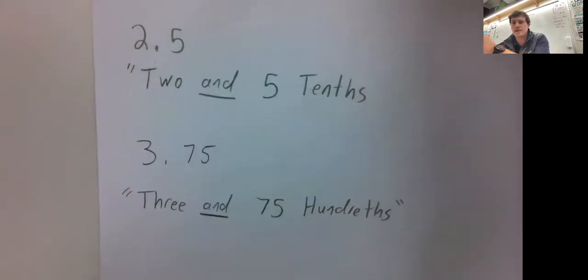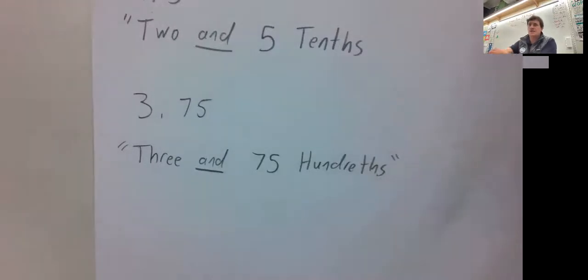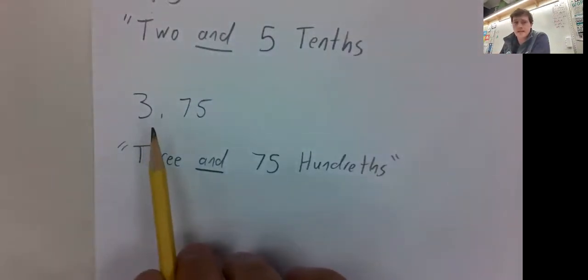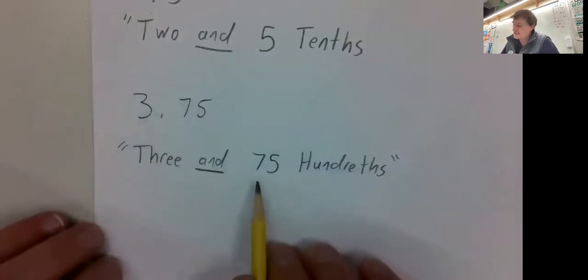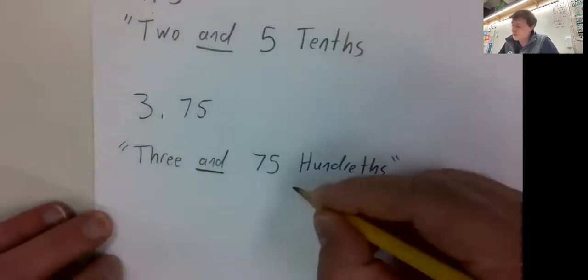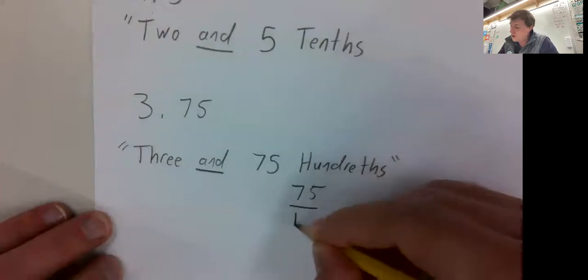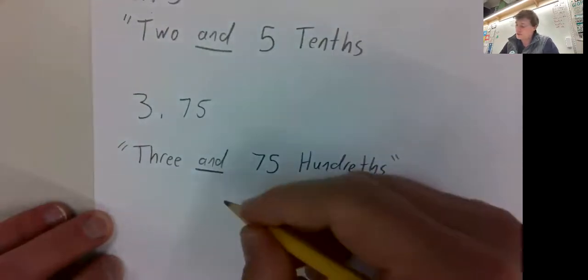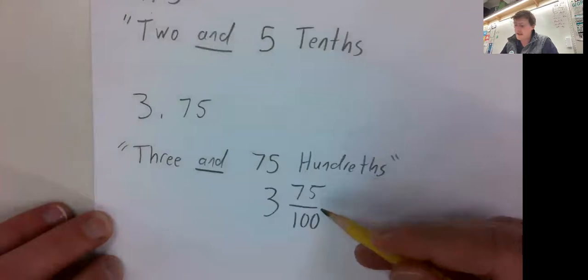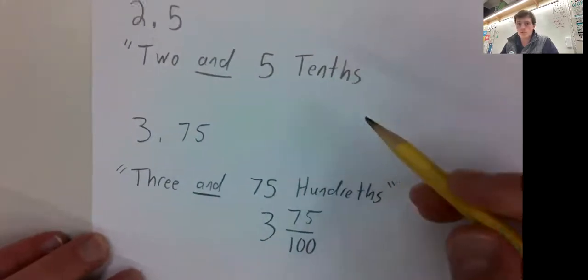Another way to think about this is fractions. And down the line, we're going to be converting a number like this, 3 and 75 hundredths, to a fraction. So this 75 hundredths can be written as 75 over 100. There's my fraction right there. So this is 3 and 75 hundredths.